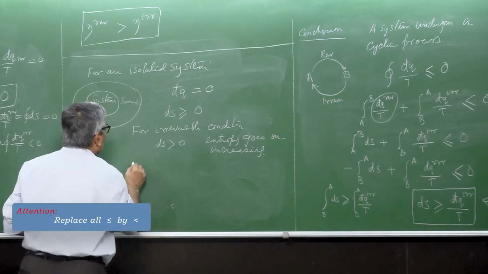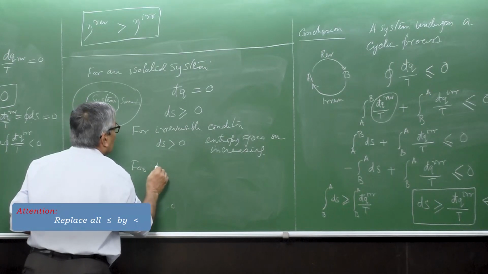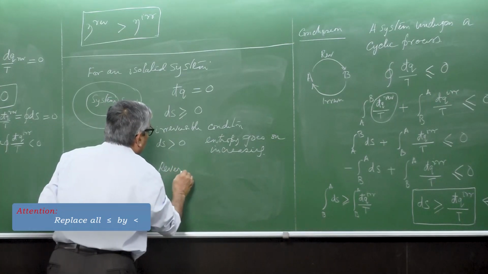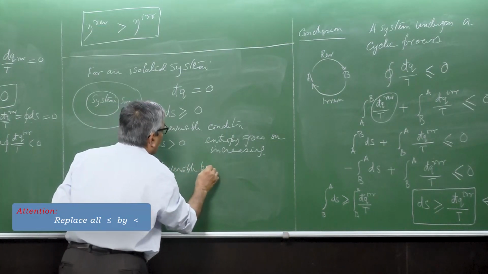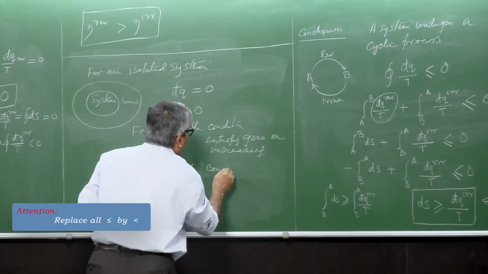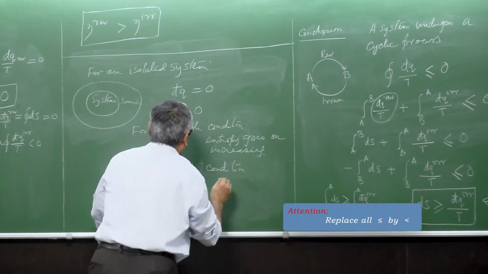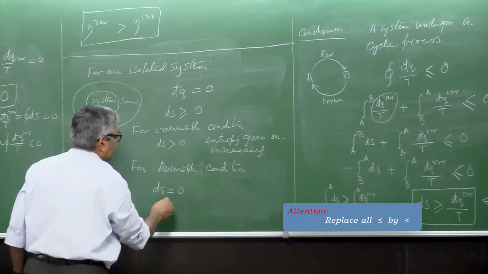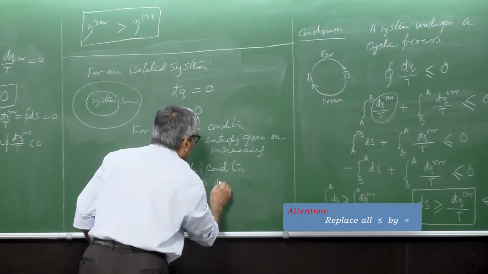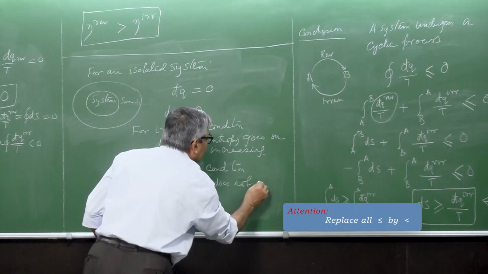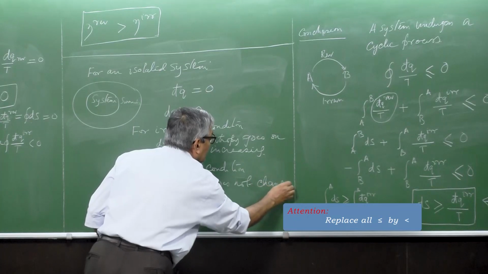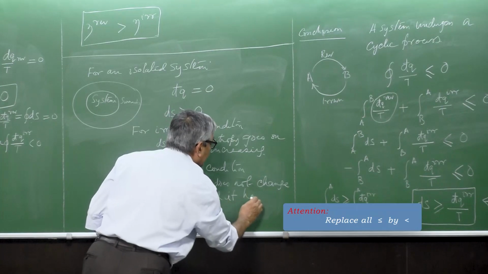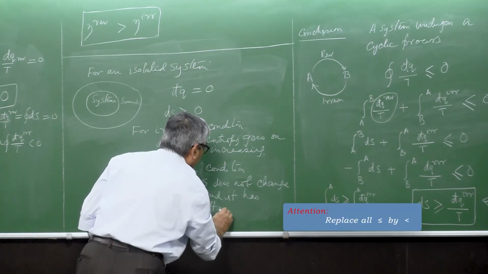But for a reversible path, reversible condition, dS equal to 0 means S does not change, and it has attained a maximum.